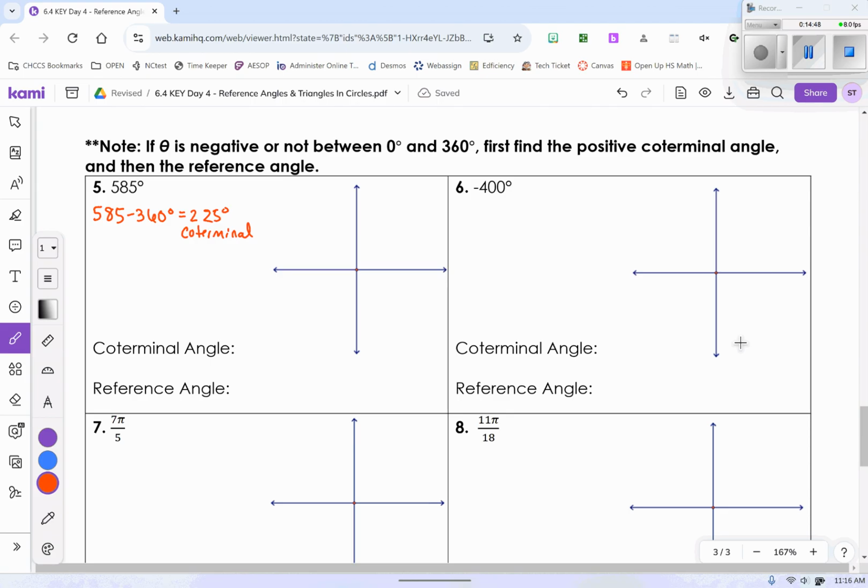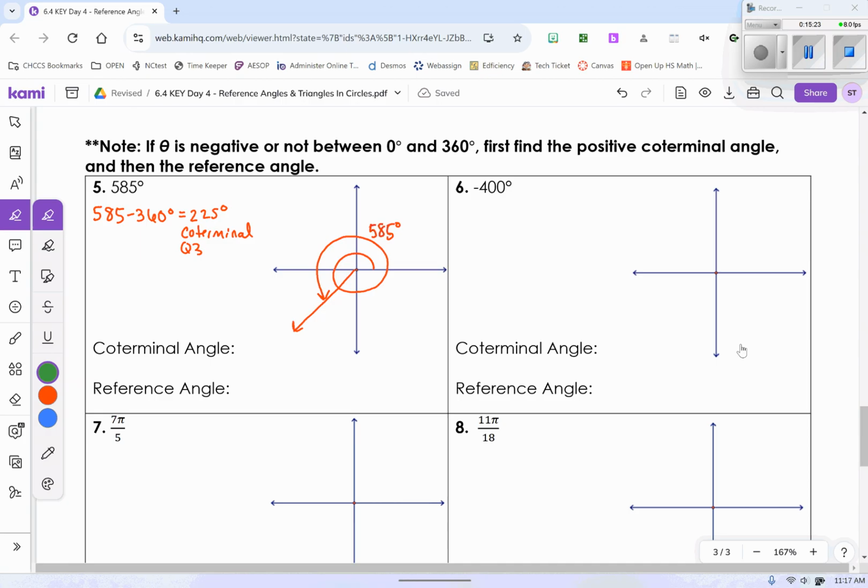Well, we know 225 is in quadrant 3. So we're going to go ahead and draw 225, and that's going to be right here. And if I draw 585, 585 would go all the way around 360 plus the 225, so this is 585 degrees drawn in standard position.